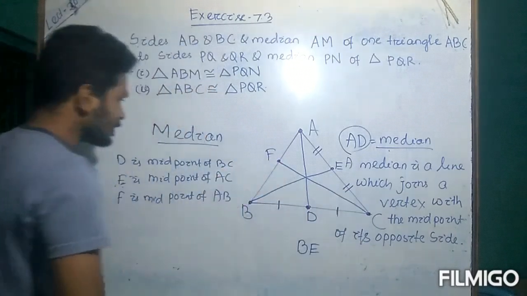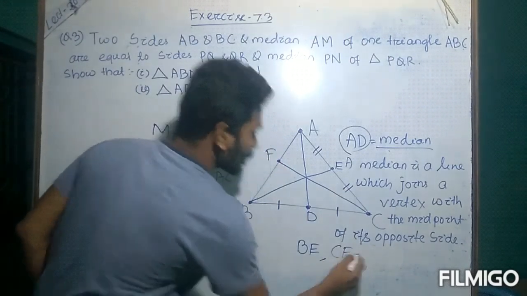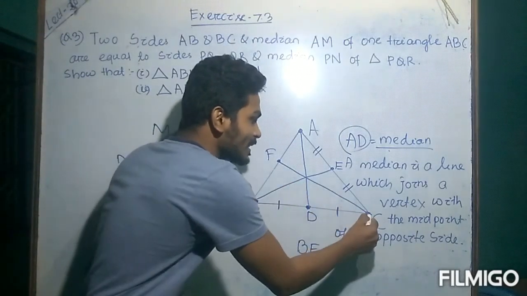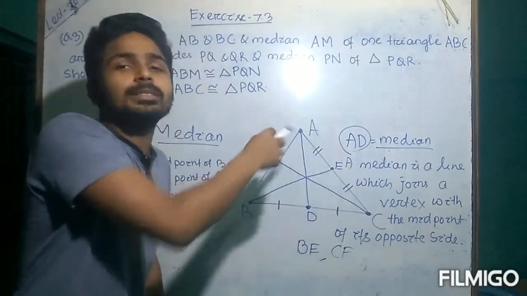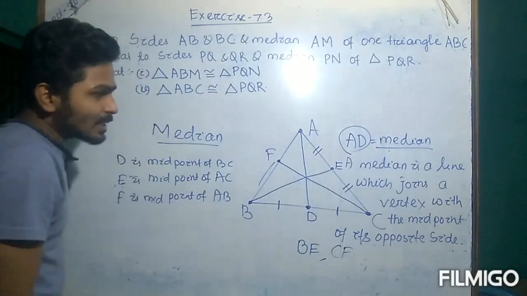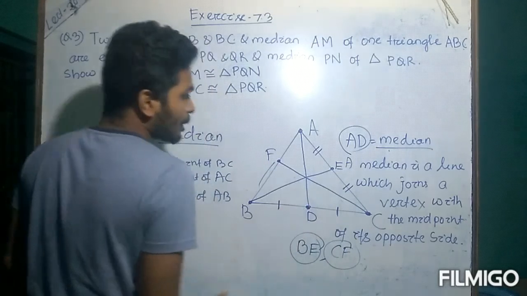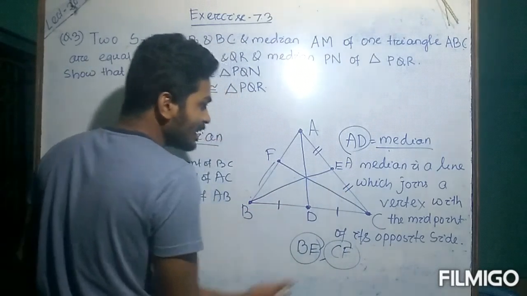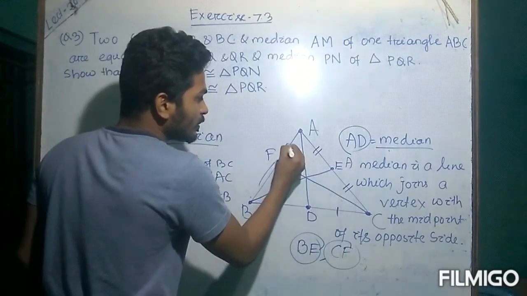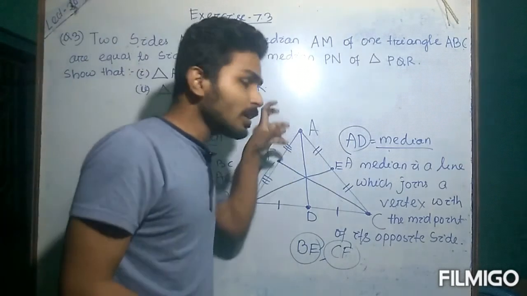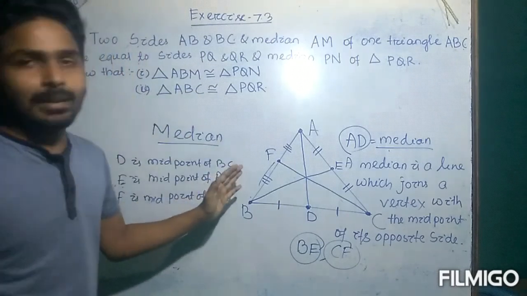So CF is also a median. Again, a median is a line which joins a vertex to the midpoint of its opposite side. So here we have found three medians: AD, BE, and CF. This is all about the definition of median.